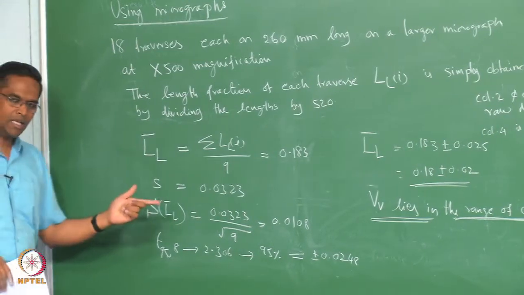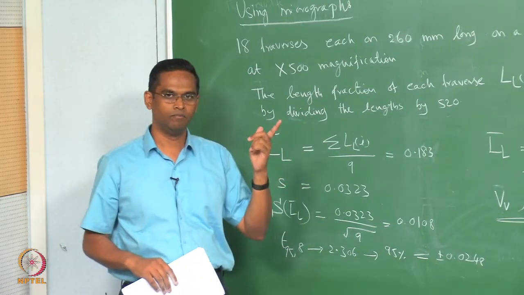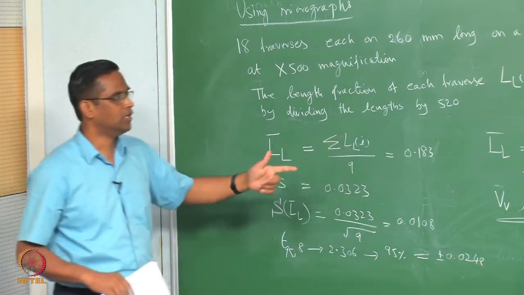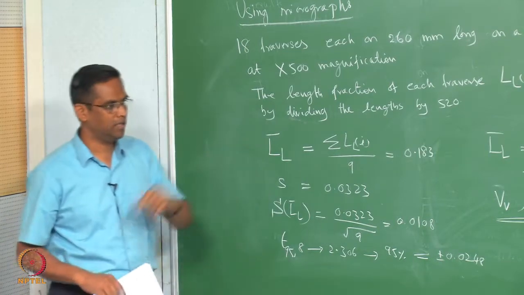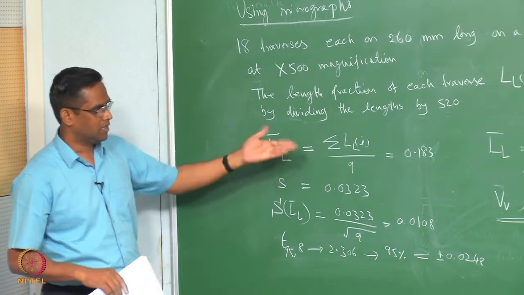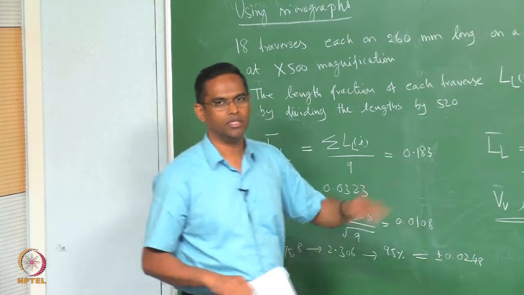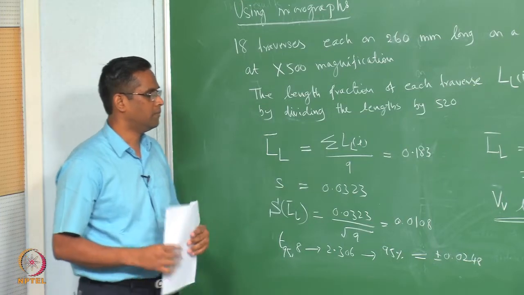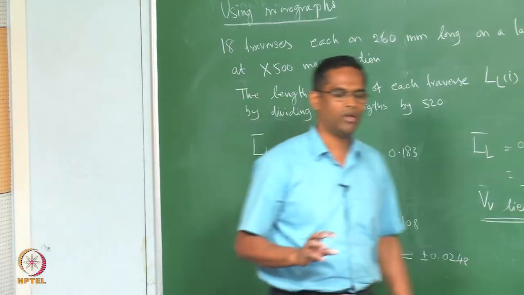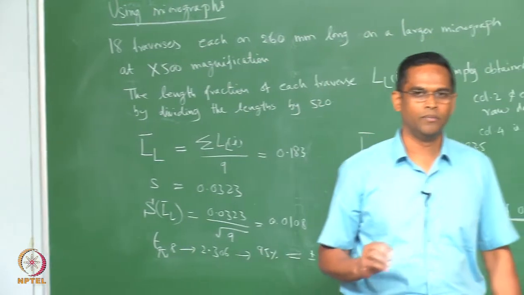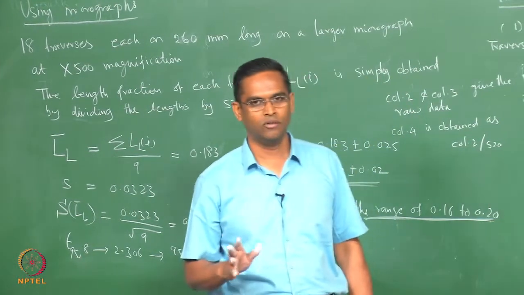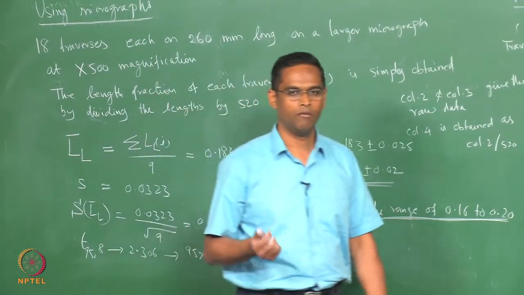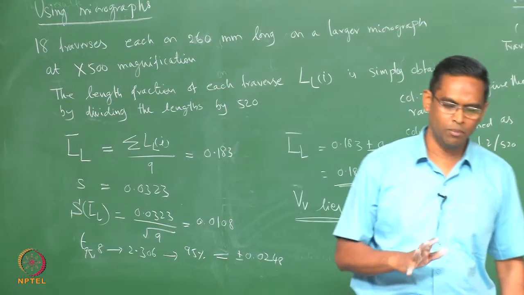A similar analysis can be done on grain size and colony size, which I have not shown here, but in another class I will demonstrate some of this grain size calculation. For this case study, we looked at using the microscope itself with a graticule, or the micrograph itself, to calculate the volume fraction using this simple calculation.